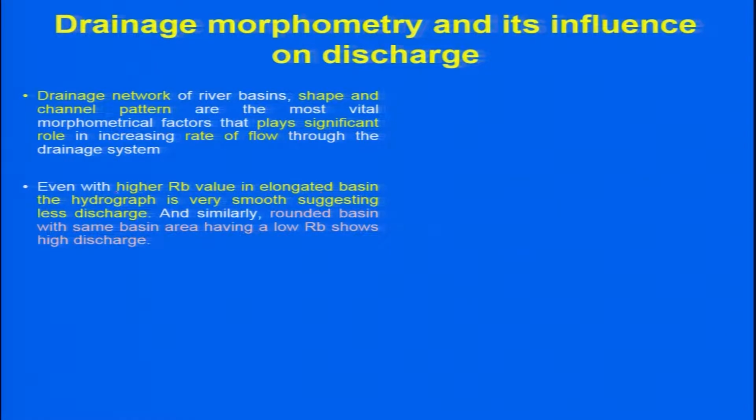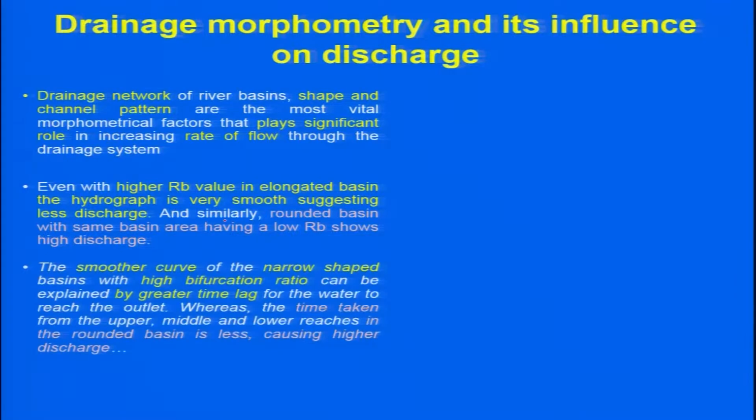So in a basin with a higher bifurcation value in an elongated basin, the hydrograph is very smooth, whereas what we should have expected is that because it has a higher bifurcation ratio, the hydrograph would have been more peaked or sharper, but it is quite smooth as compared to the rounded basin.